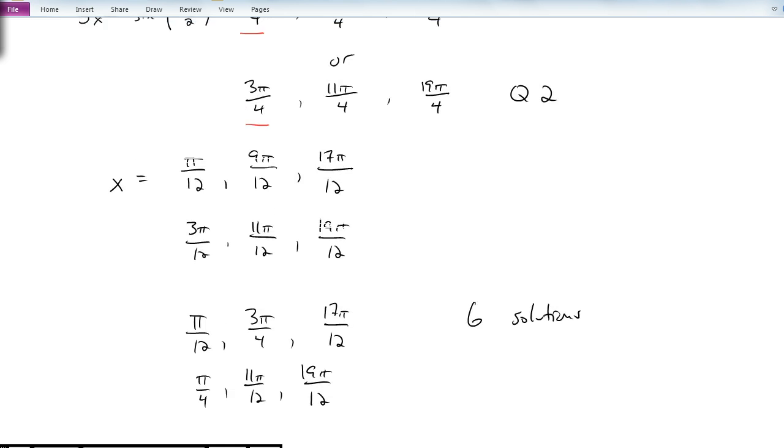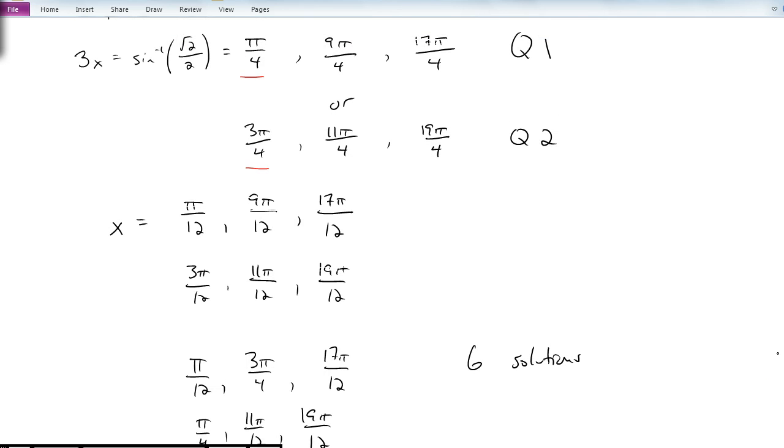Notice that once I divide by 3, I can't call these first quadrant and second quadrant solutions because they moved. When I divided by 3, I took a third of the angle, which could have changed what quadrant they're in.